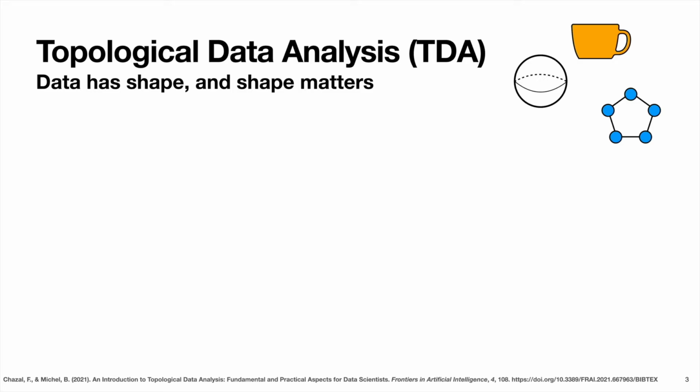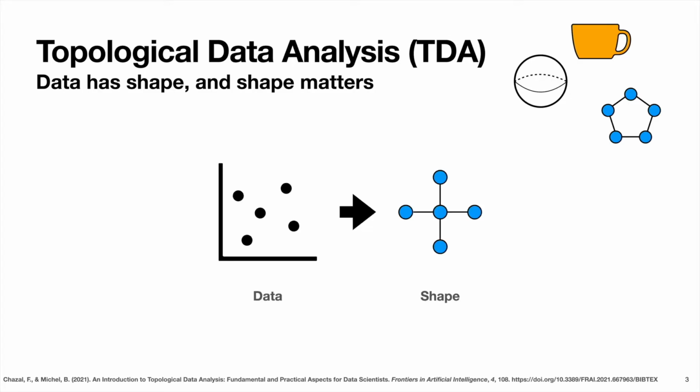And the catchphrase for TDA often goes something like, data has shape and shape matters. So the basic idea of TDA is to take data and translate it into some kind of shape. The reason this is helpful is that the underlying shape of our data is often much more robust to noise and perturbations that our data generating process may undergo.